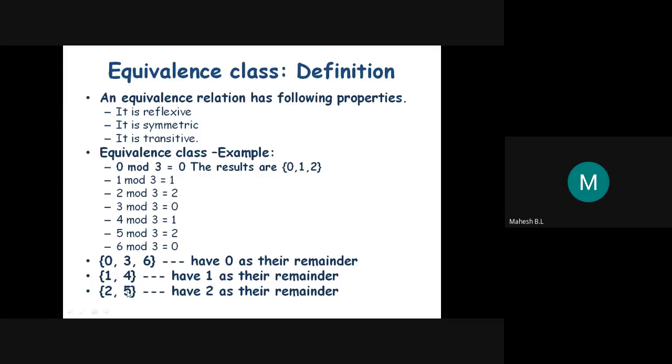Then 2 and 5 are in the same class, because both of them give 2 as the remainder. So for mod 3, we have three equivalence classes: 0, 1, and 2. Numbers which give 0 as the remainder are in one class, numbers which give 1 are in another class, and numbers which give 2 are in a different class. So these are equivalence classes.